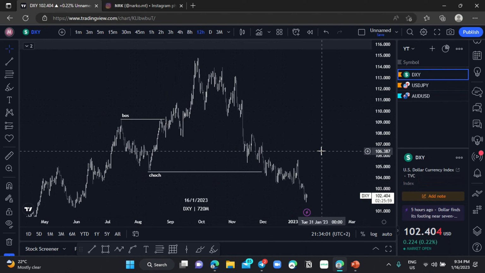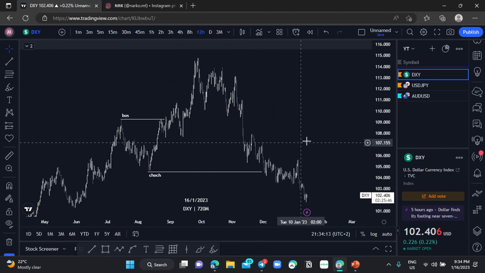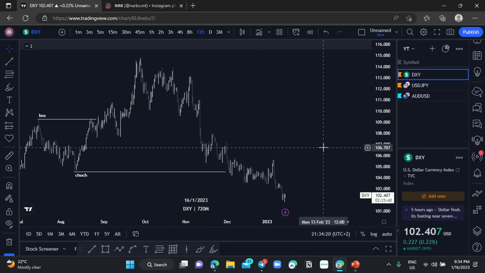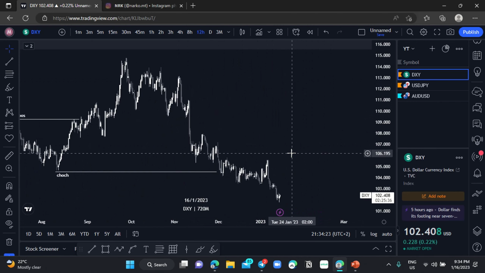So this is how you use the dollar index to your advantage, because you know that whenever the dollar index has this schematic, you should have this schematic on the pairs that start with USD on the left side.